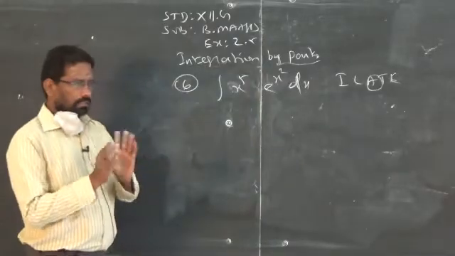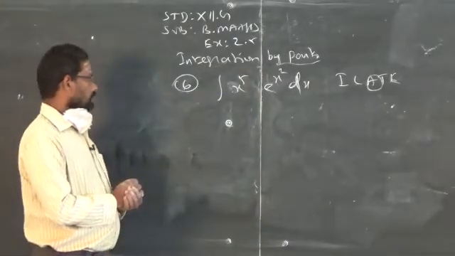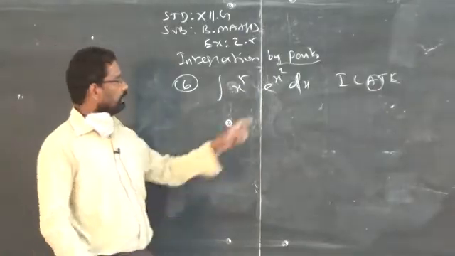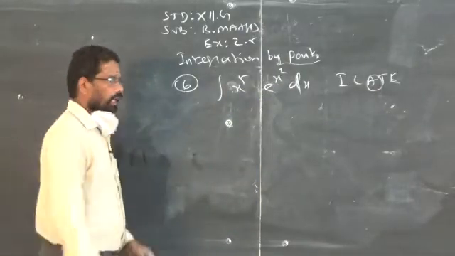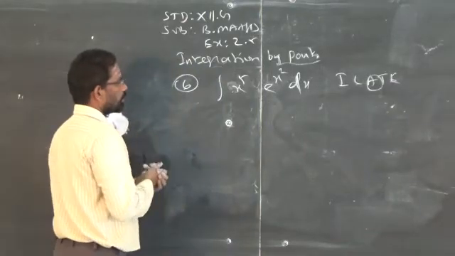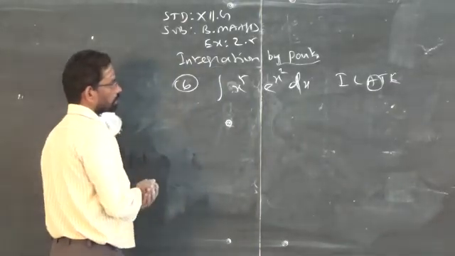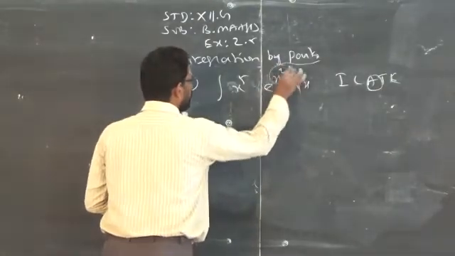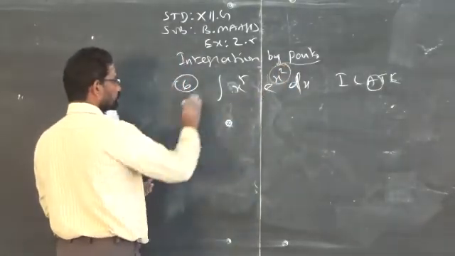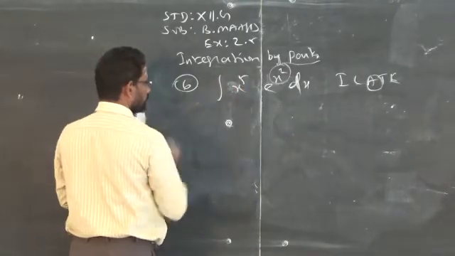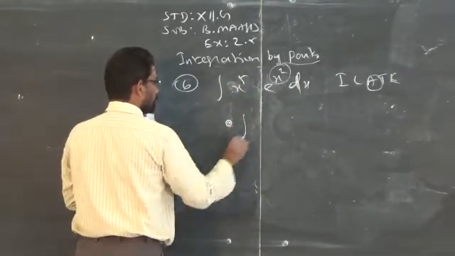I am just making a small adjustment in x power 5 in terms of e power x square, to find the solution for this integrand by using the integration by parts method. What is the power of e? x square. So I am going to express x power 5 in terms of x square. What is the possibility?